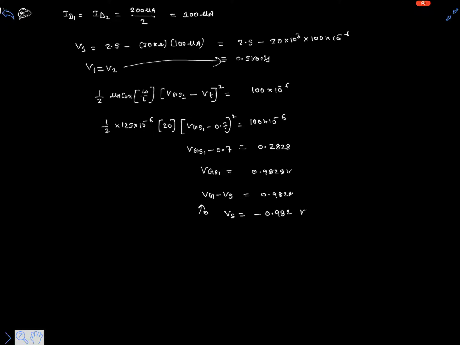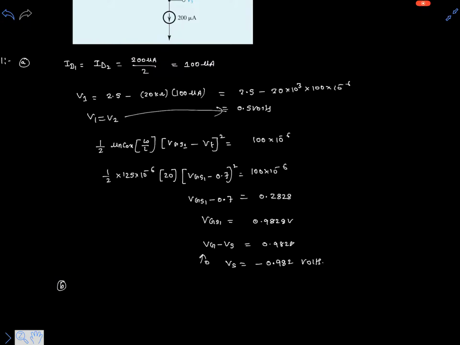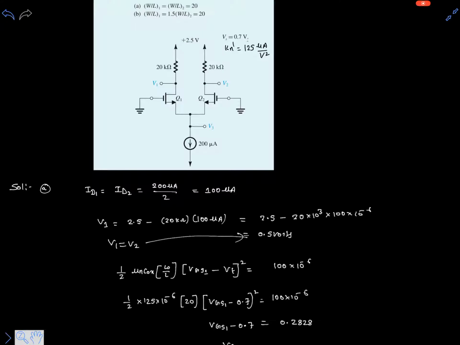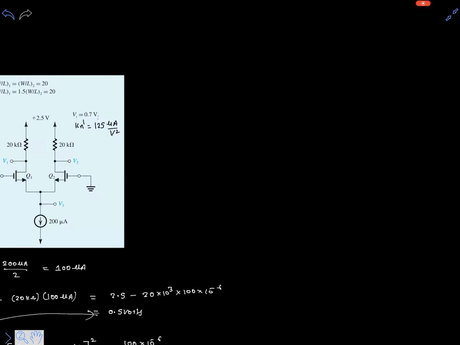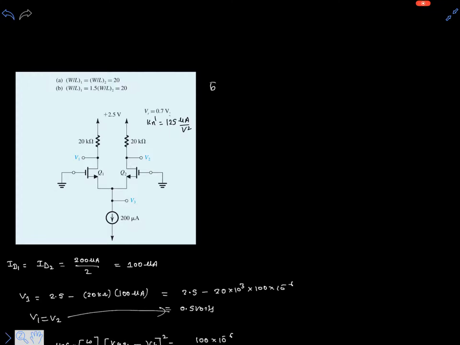So let's go for part B now. In part B everything is the same, but the width to length ratios are changing here for transistor Q1 and transistor Q2. So for part B, we can expect that ID1 is 1.5 times ID2.